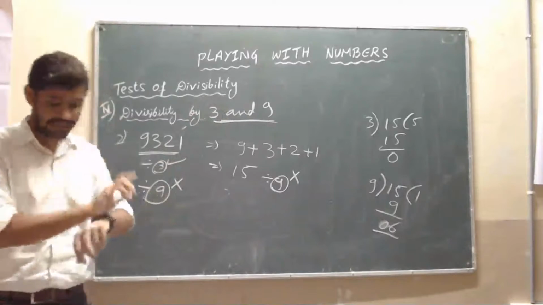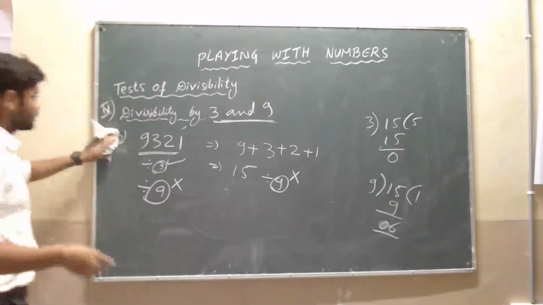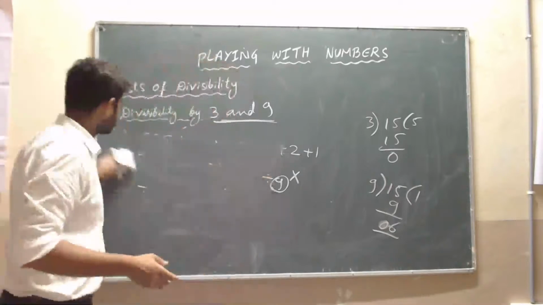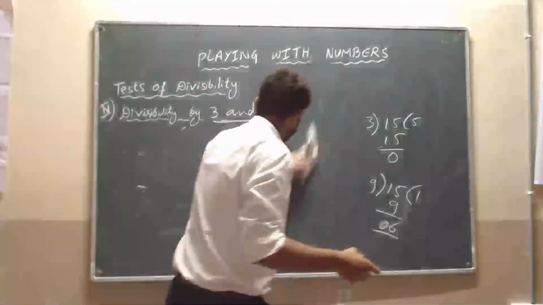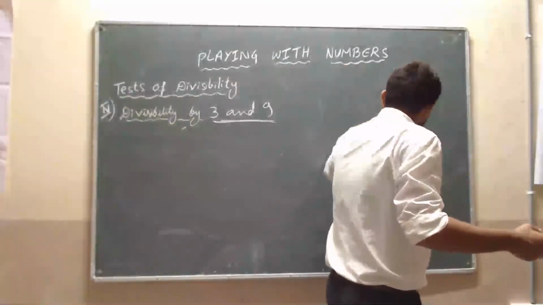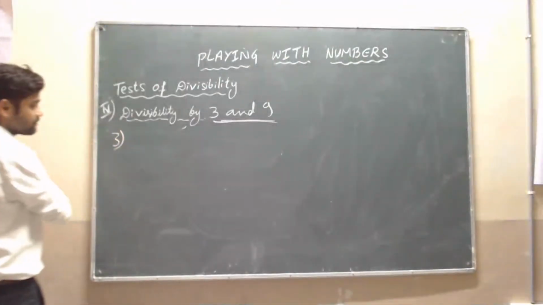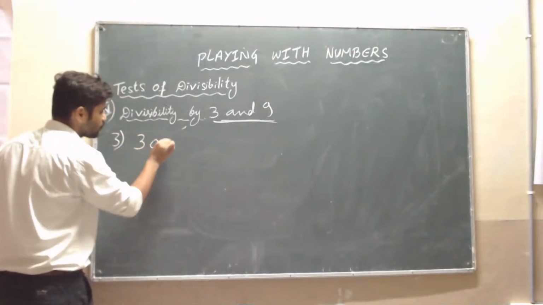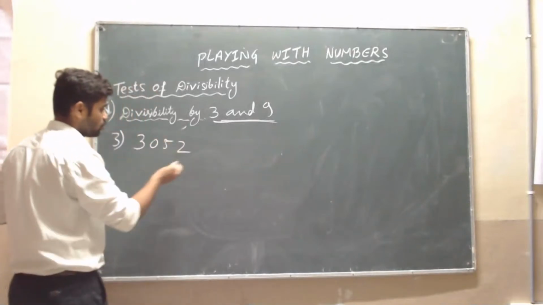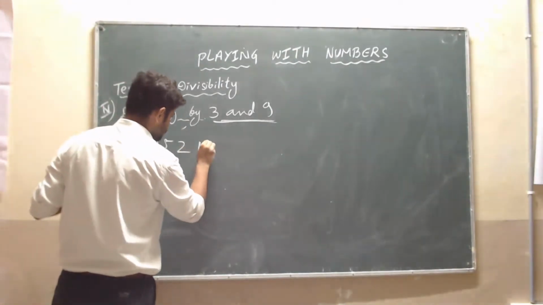One more example I will show you. Third example, take this: 30521, and one more digit I will take, it is 2.